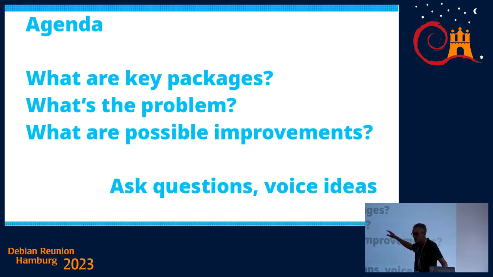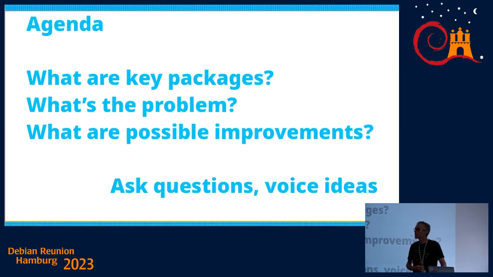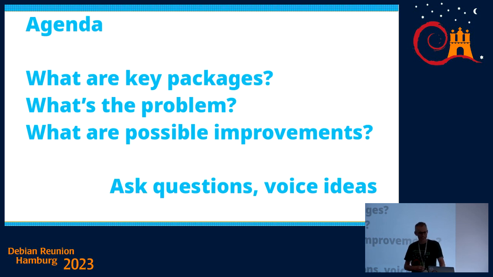Very briefly, I'll explain what the key packages are, what the problem is that we as a project are experiencing, and I have some ideas of possible improvements that I'd like to share with you, to see what you think about them, and maybe you have great, awesome ideas that I can implement after we release, not next week.